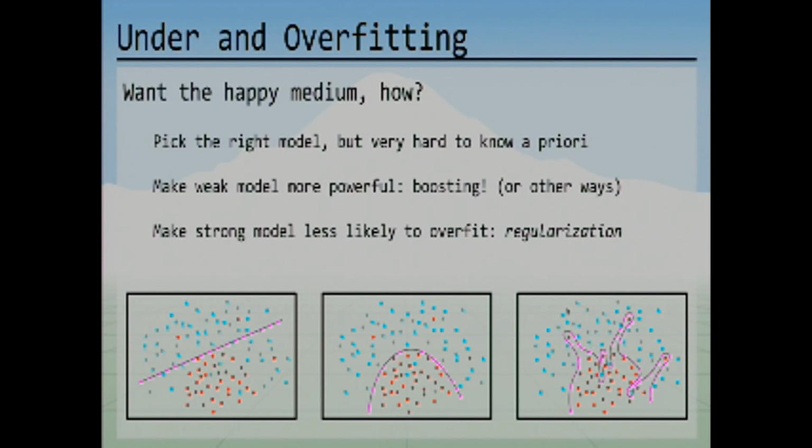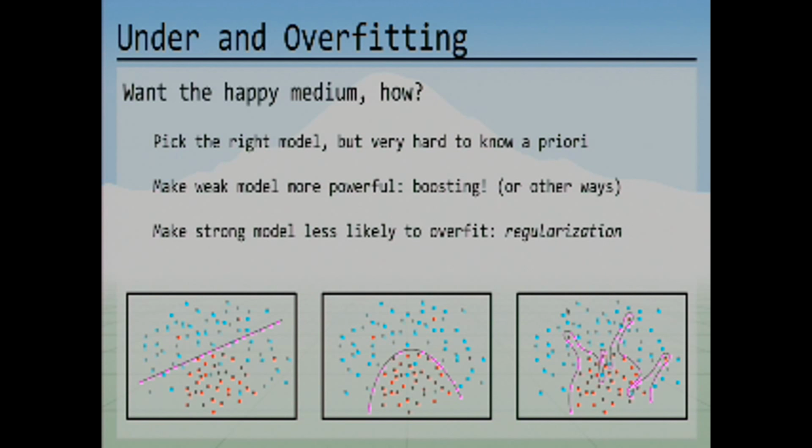Especially if you think about images, if you have a 256 by 256 by 3 channel image, it's like 100,000 pixels or something, and each of those pixels can vary by some real number. You have this super high dimensional data, and it's totally unclear, no matter how you visualize the data, how you would go about picking the correct model.